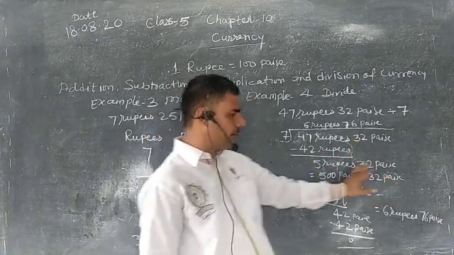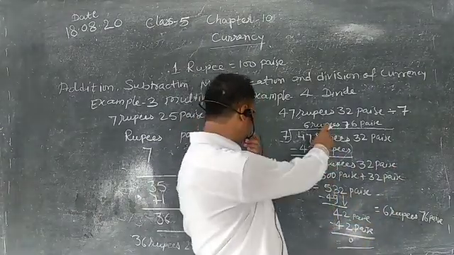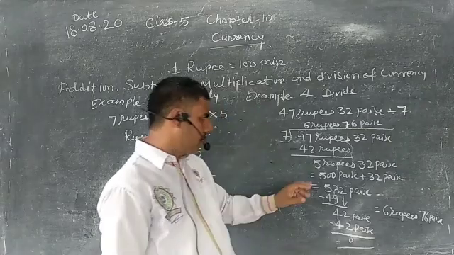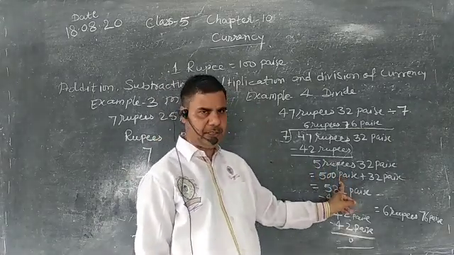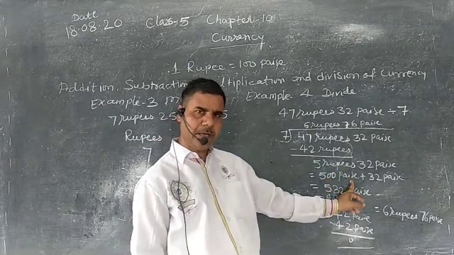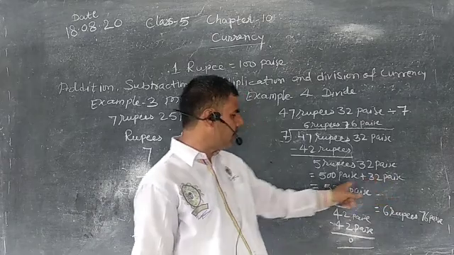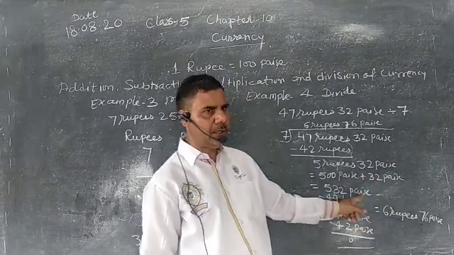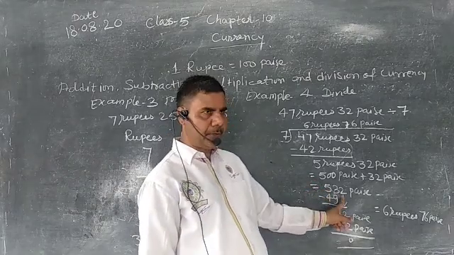Now convert into paise only because the rupees column is completed. We know that 1 rupee equals 100 paise, means 5 rupees equals 500 paise and 32 paise extra means 532 paise. Now speak the table of 7 in 53.